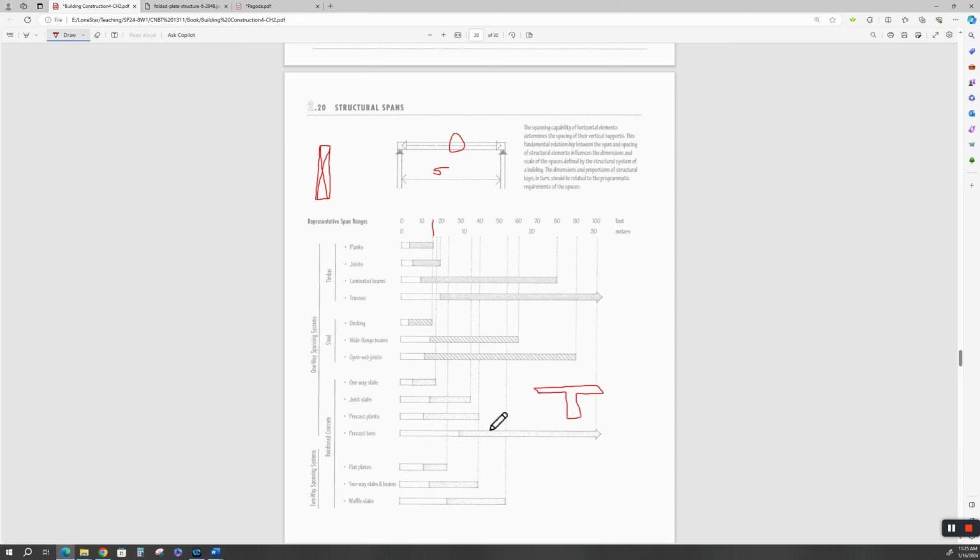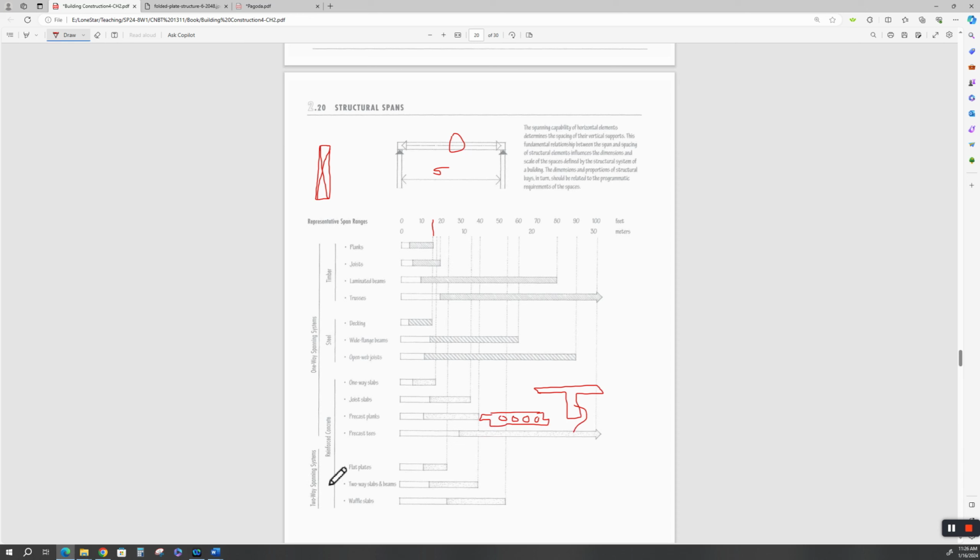Precast planks can be the pre-stressed planks that have the holes all the way down the longitudinal axis of the precast panels. These are precast panels of concrete. And they stack on top of one another, lock in like Legos. And this is a precast tee.